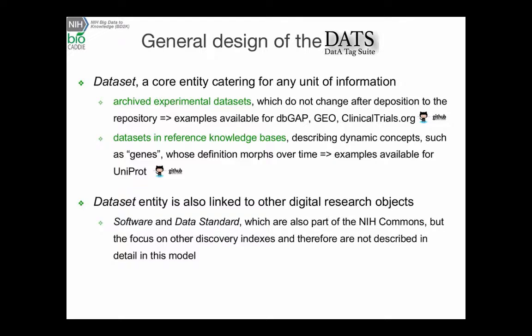We also had to distinguish between two types of data that we were still discussing whether to index in DataMed or not. We had to distinguish reference data sets, or data from knowledge bases, for instance the set of proteins as identified by UniProt, whether we want to index this in DATS or not. But also, and this differs from data sets where signal is actually measured on a population, and may need the information from the previous kind of data set that I just mentioned to understand how this relates.